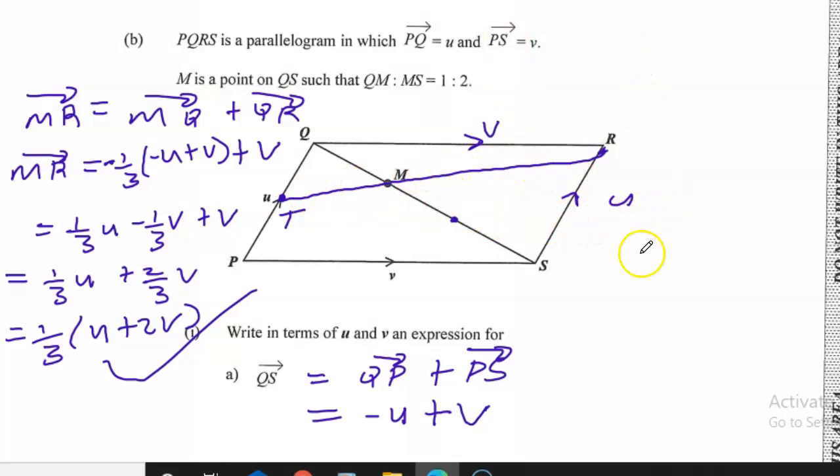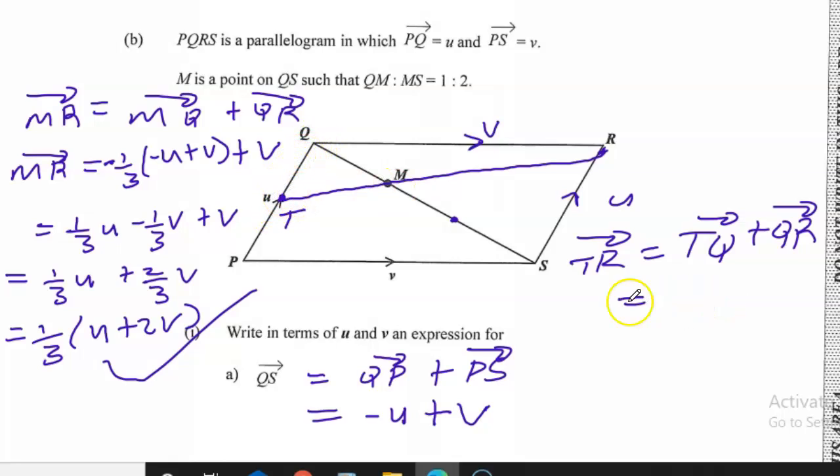So vector TR would be TQ plus QR. TQ would be half of u, since T lies at the midpoint of PQ. And QR of course would be v.